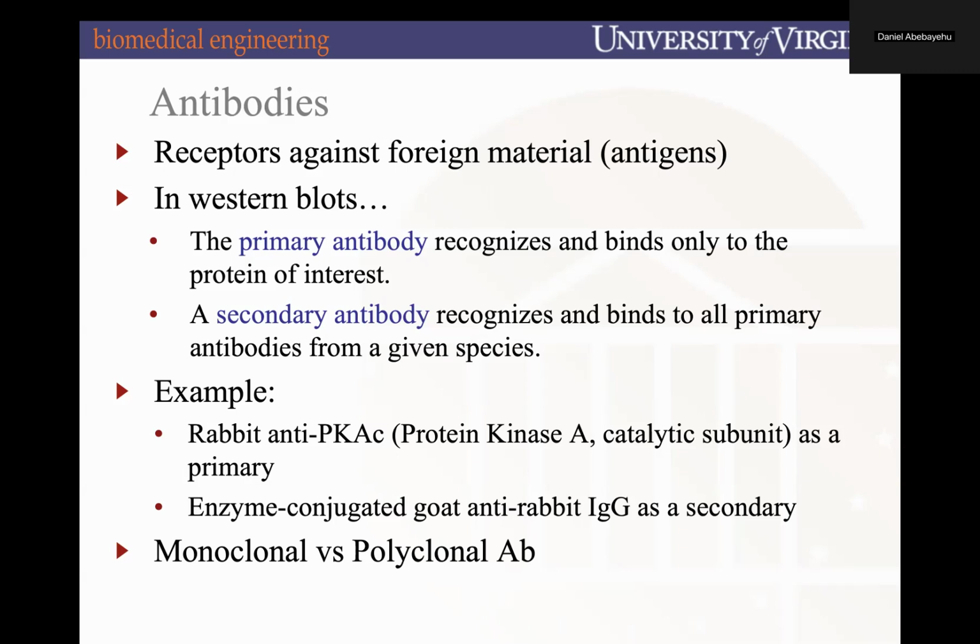Because our primary is a rabbit, our secondary is goat anti-rabbit IgG. And it's conjugated with an enzyme, which means there's a substrate that we'll expose it to that produces a color change that you can then image and see your bands on your membrane.